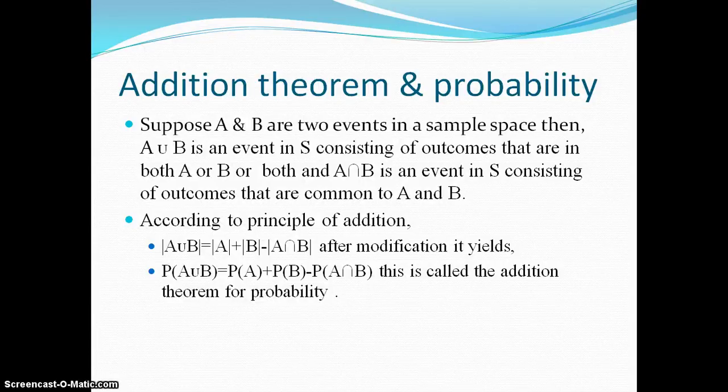Then A union B is an event in S consisting of outcomes that are in A or B or both, and A intersection B is an event in S consisting of outcomes that are common to A and B. According to the principle of addition, n of A union B is equal to n of A plus n of B minus n of A intersection B. After modification, it yields the probability of A union B is equal to the probability of A plus the probability of B minus the probability of A intersection B. This is called the addition theorem of probability.